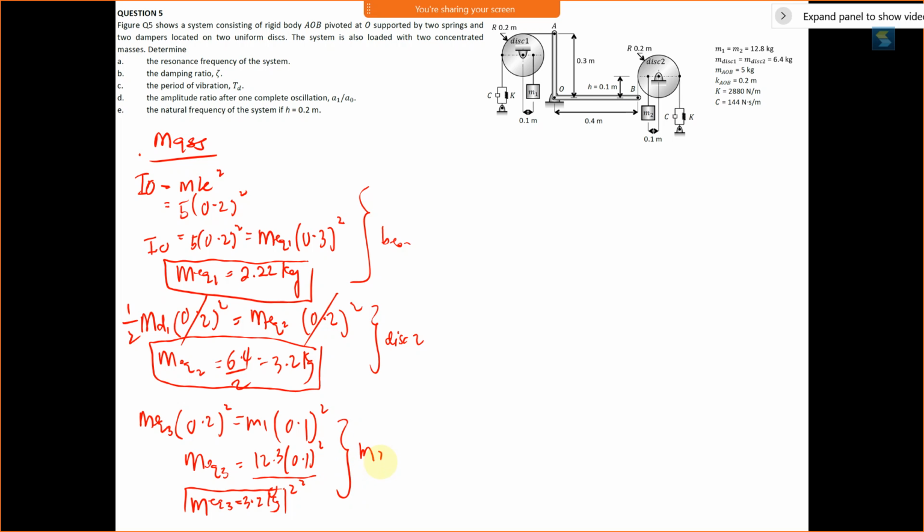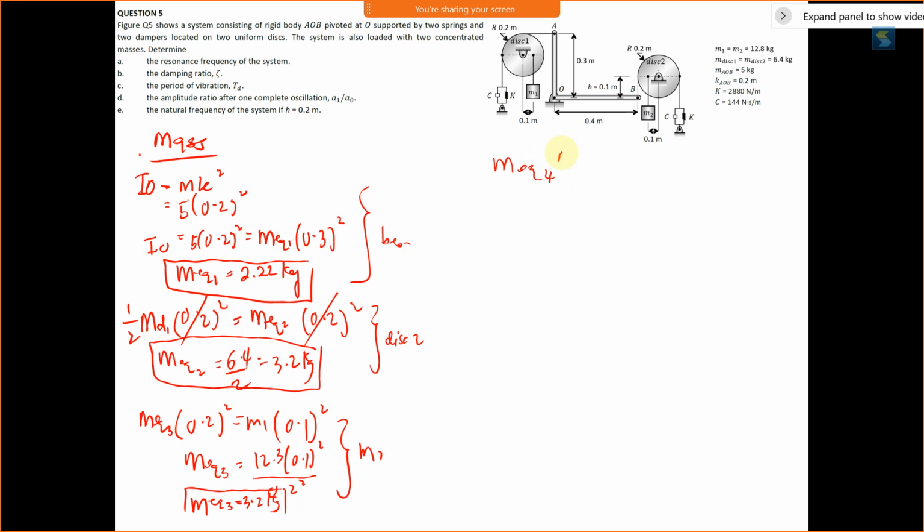Okay, and then for these two, first we transfer to point B first. So by taking M equivalent 4, isn't it?